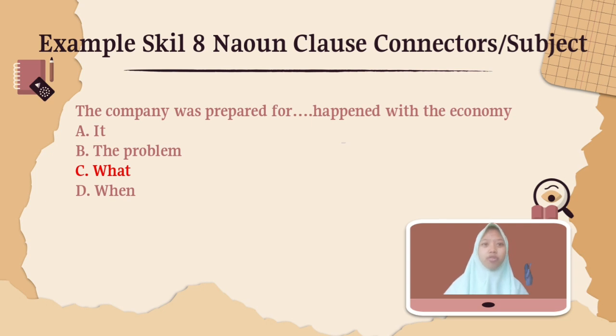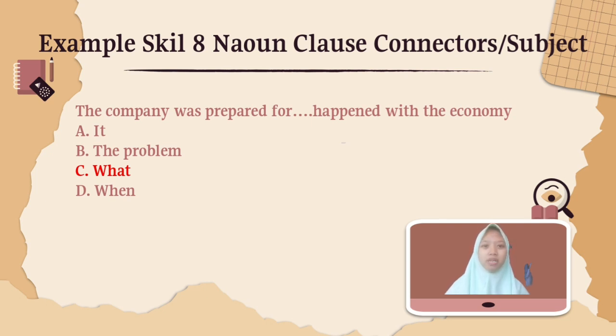First, we have to read the question with focus and determine the subject and verb. So read the question: the company we repeat for blank happened with the economy. The subject is the company and the verb is happened. So next, analyzing the answers. A. It is a subject but not a connector.